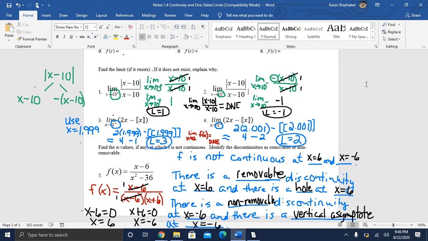And I thought of another question that you could be asked. You could be asked to give the intervals where the graph is continuous. So I'm going to try to squeeze that in right here. It would be continuous on, and I'm not sure I can fit all this in.